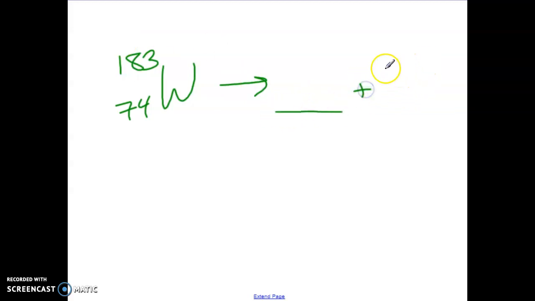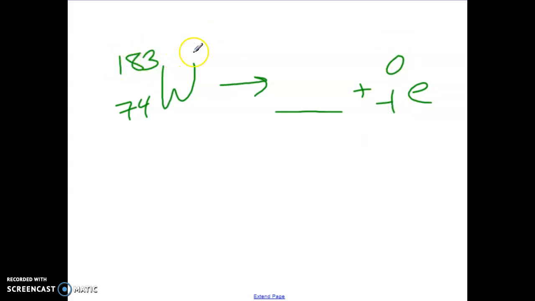So let's say we had, I'm just looking at my periodic table. Okay, so let's say we had tungsten 74 and a mass of 183. Okay, so if this is beta decay, let's say we don't know what the product is, but this is beta decay. So we have 0 on top, -1 down.